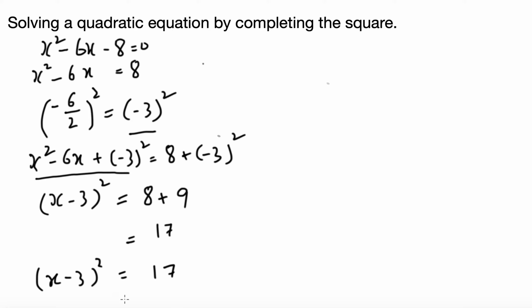We take the square root on both sides. We can't solve this any further. We move the constant to the right.